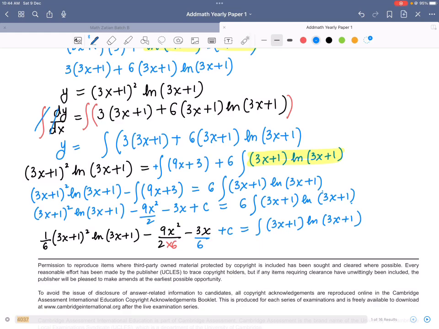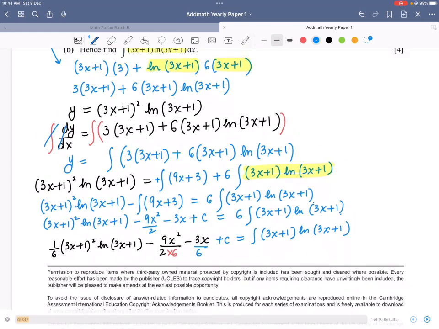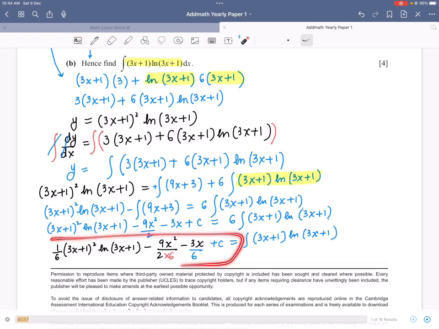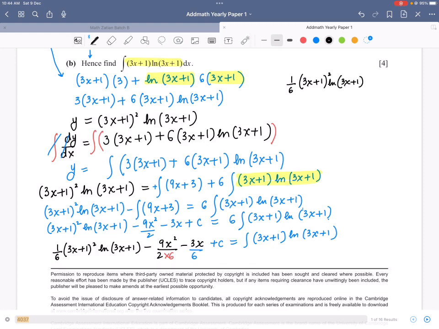And lastly, I need to simplify it further. So I am using this answer here. Now it will be 1 over 6 times 3x plus 1 whole square ln of 3x plus 1 minus, simplifying it, 3 3s are 9 and 3 2s are 6, so it's 3 over 4 x square, minus 3 over 4 x square, minus x over 2, plus c.